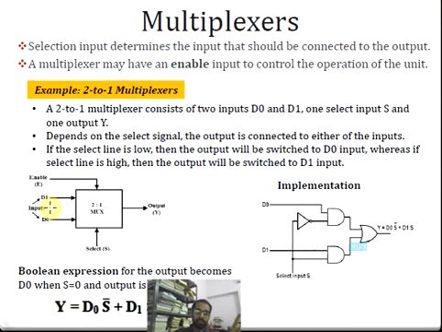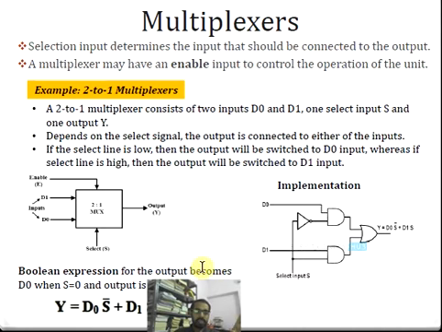If there are only 2 inputs, we only need one select input. Depending on the select signal, the output is connected to either of these inputs. So this select signal decides whether we show D1 or D0 at the output. This is a very simple type of multiplexer.